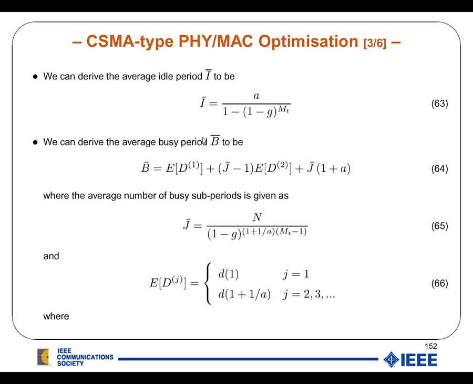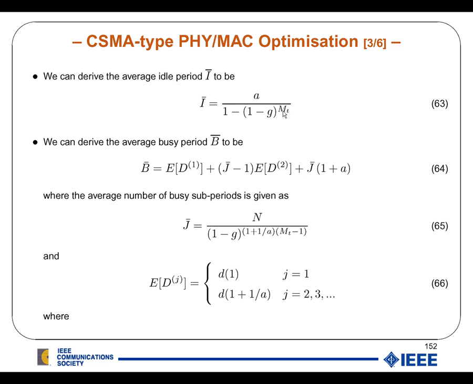How to calculate these values? We can calculate I, the average idle period, to be that here, where A is, I remind you, the slot period, G is the traffic arrival probability, and MT is the number of terminals which are in the transmission radius.